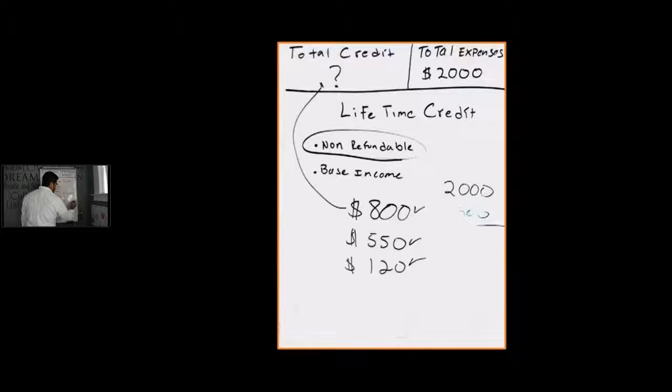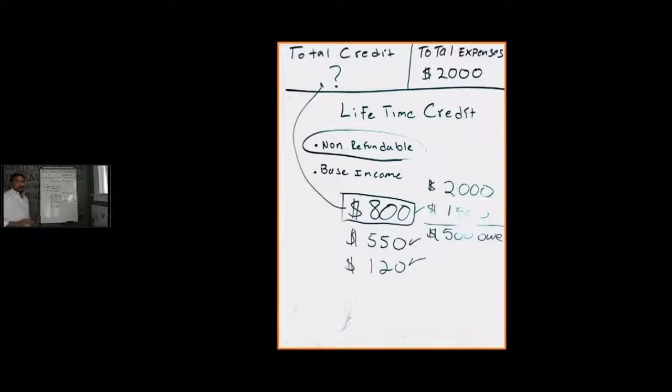That's what you owe. You owe the IRS $500. But if the IRS decides, based on your income, to apply this $800 to you, it's the same situation. Those $800 come over here, so you owe zero. This is credit.